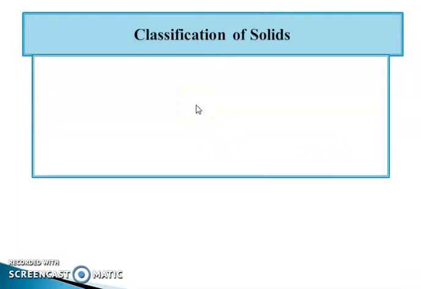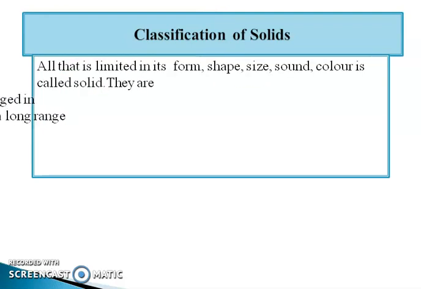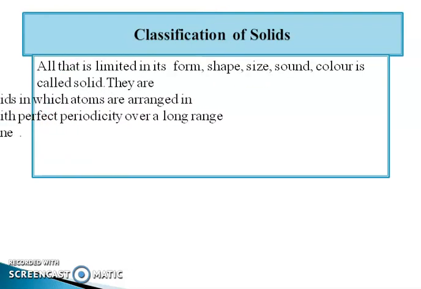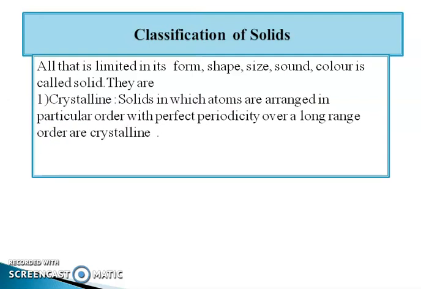The solids are classified as crystalline solids and amorphous solids. The solids in which atoms are arranged in particular order with perfect periodicity. The word periodicity is important, and that periodicity is again over long range order.